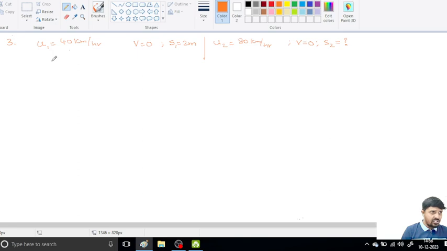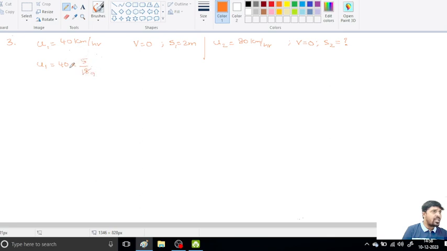Okay, shall we solve? We all know the equation v equals u plus at. And here u is given in kilometers per hour. That's why first thing we have to convert that into meters per second. So u1 is equal to 40 into 5 over 18.